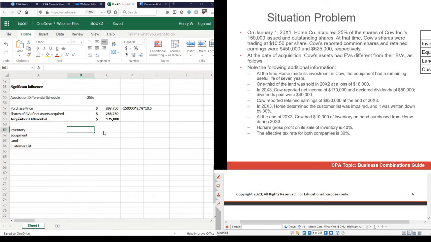So fair value, book value. I'm just going to type this down.